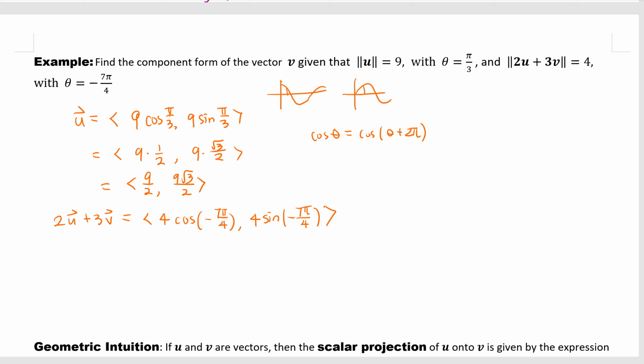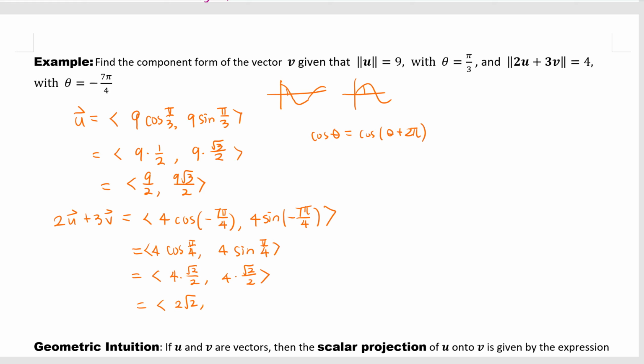So -7 pi over 4, when you add 2 pi to it, is the same as pi over 4. So this is the same as 4 cosine pi over 4 and 4 sine pi over 4. Cosine pi over 4 is √2 over 2, and sine pi over 4 is also √2 over 2. 4 and 2 cancel. We have 2 √2, 2 √2. So far so good, everybody.